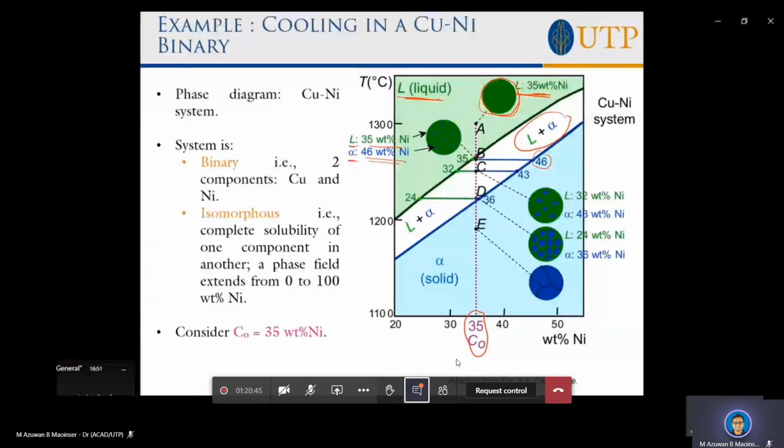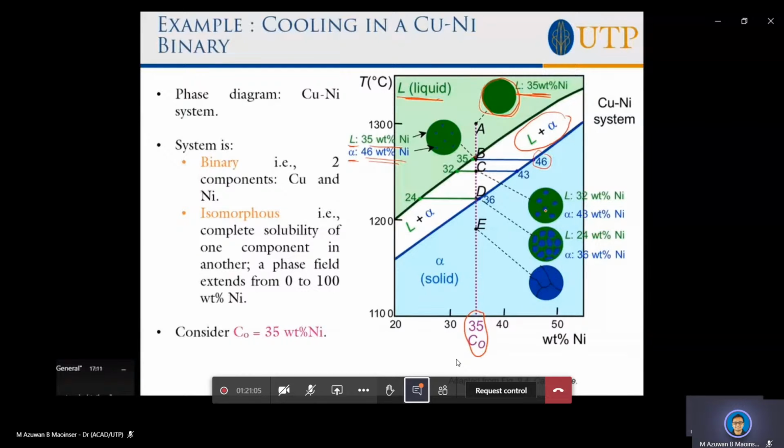That's the composition of the two phases. Now if you reduce your temperature further, you are at C, of course you're going to build more solid. Your solid particles of alpha getting bigger now. Initially ni ada 6 ni, so this one should be 6 also getting bigger.